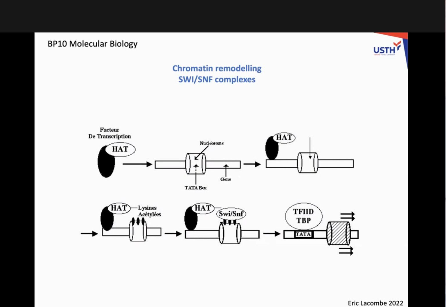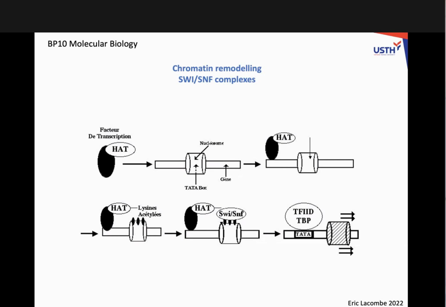But the TATA box is the size for the transcription factor. If only that, then if the other part is still condensed, how can the gene be transcribed, if only the TATA box is revealed? I understand, and you're completely right. So in this example, the target is a TATA box, okay, but a promoter can be very long in terms of sequence.